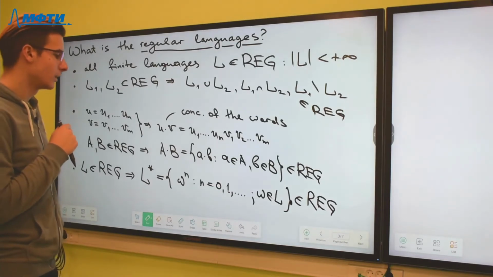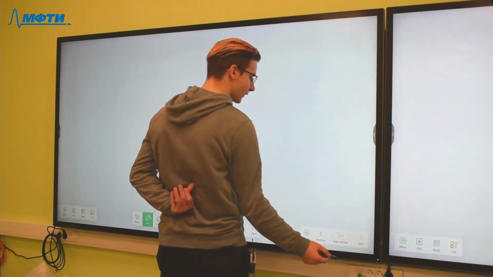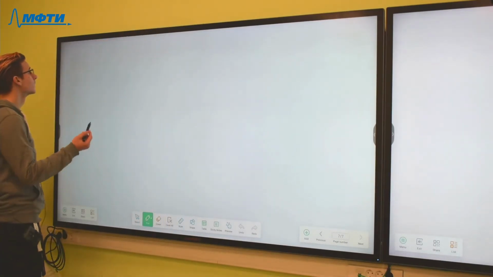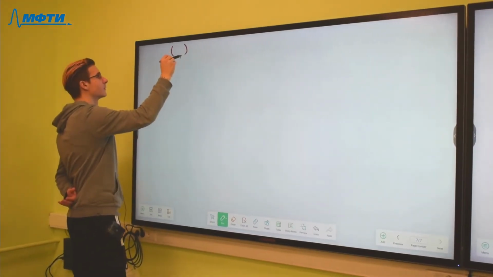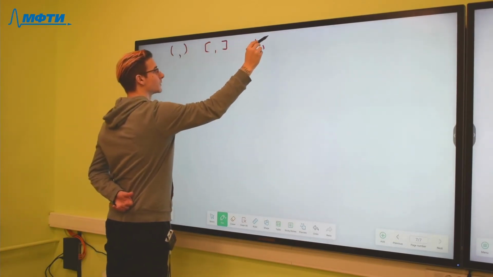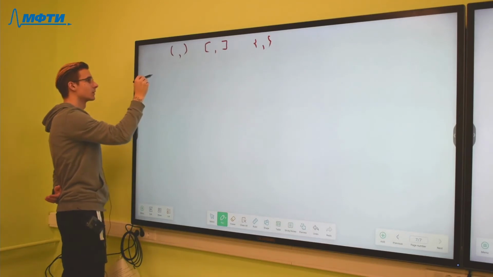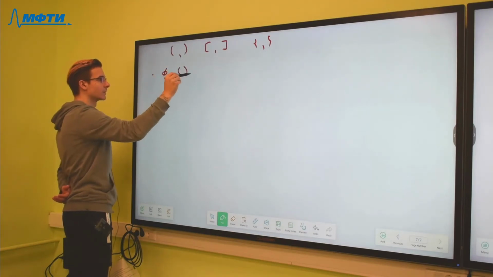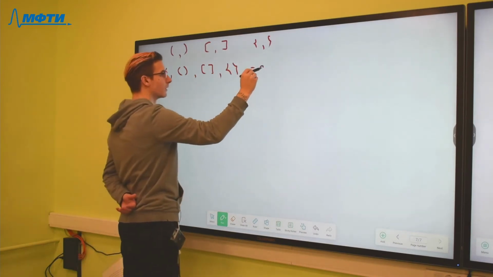For example, one of the definitions of a correct bracket sequence: if we have some brackets, we say that the empty sequence, this sequence, and this are correct.